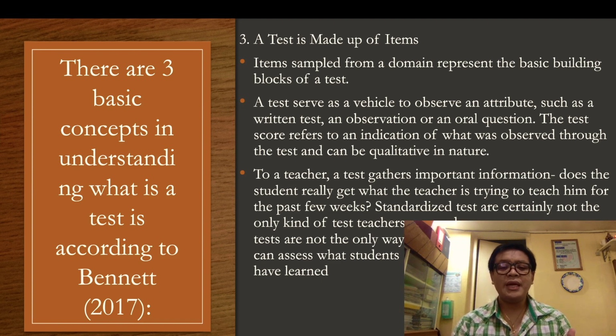Does the student really get what the teacher has been trying to teach for the past few weeks? Standardized tests are certainly not the only kind of tests teachers use. However, tests are how teachers assess what students have learned in the way that they can.